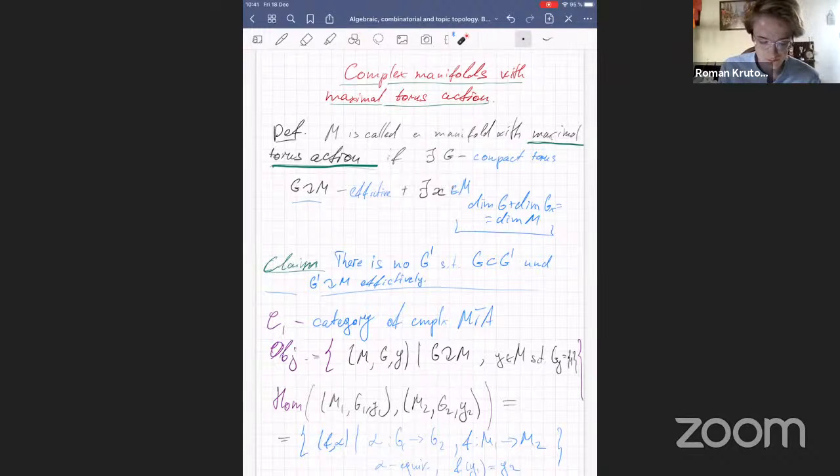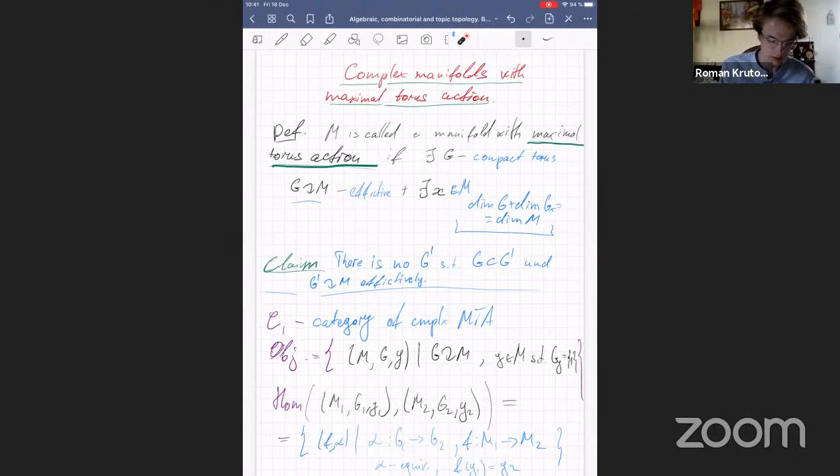Okay, so M is a complex manifold, though here it's not necessarily even complex. It's called a manifold with maximal torus action if there exists some compact torus G which acts effectively on M, and also there exists some point X in M such that the dimension of G plus the dimension of the stabilizer is equal to the dimension of the whole manifold.